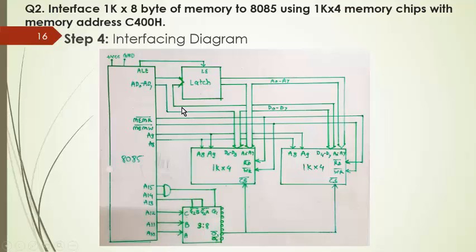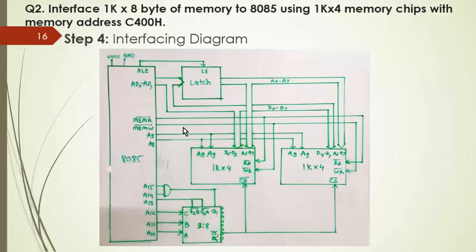AD0 to AD7 you have to connect to latch input. So the latch will separate the A0 to A7 address lines and D0 to D7 data lines. So connect the A0 to A7 separated address lines to first and second memory IC.